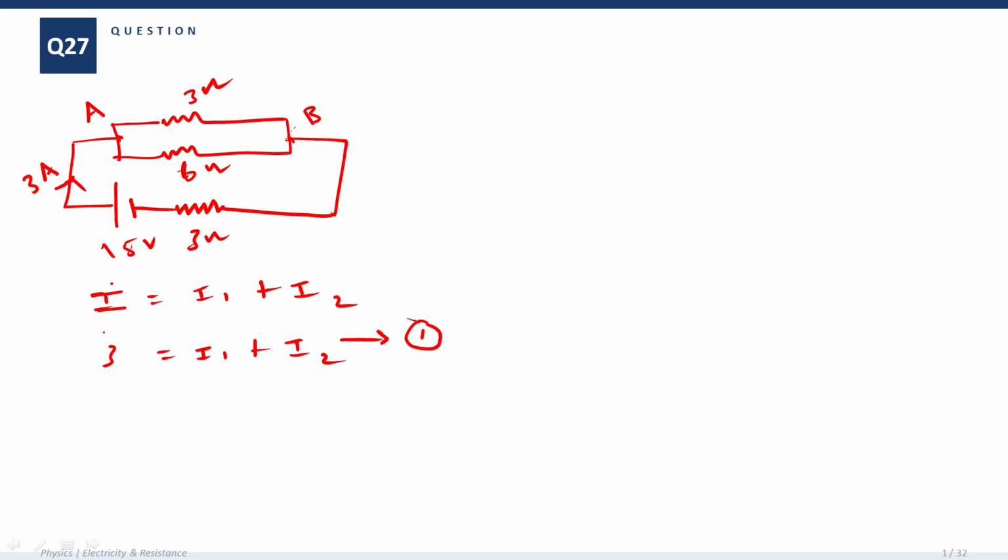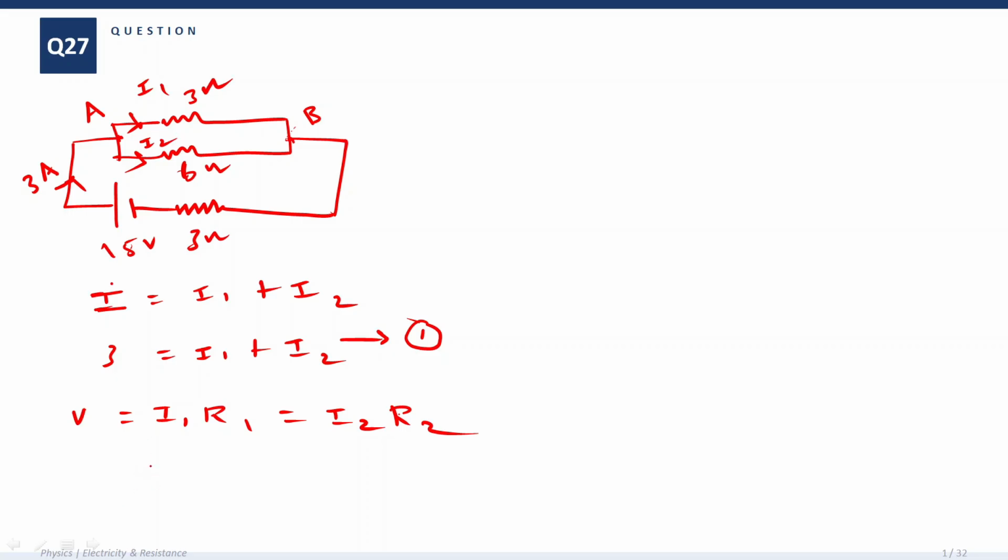At A and B the potential is the same. When potential is the same, we will write V equal to I1 R1 equal to I2 R2. So which is the I1 here? This is the branch where the current I1 passes, and this is the current I2 passes.